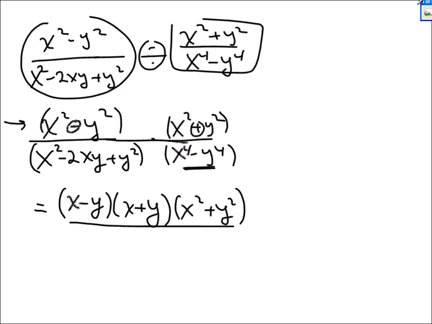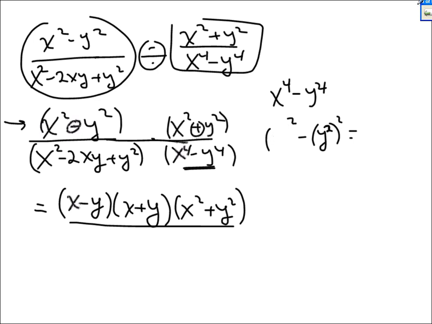X to the fourth minus y to the fourth. Do that one on the side. X to the fourth is x squared squared minus y squared squared. Don't worry what's in the bracket. Something in the bracket is being squared, like x squared.